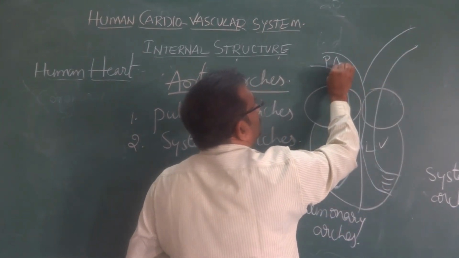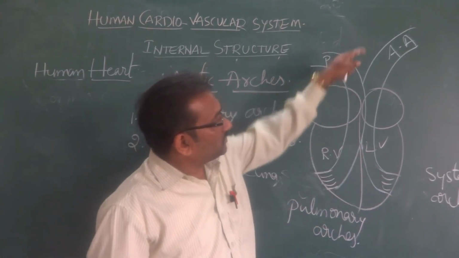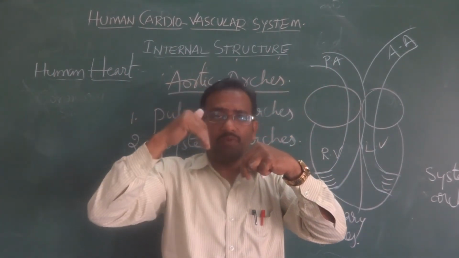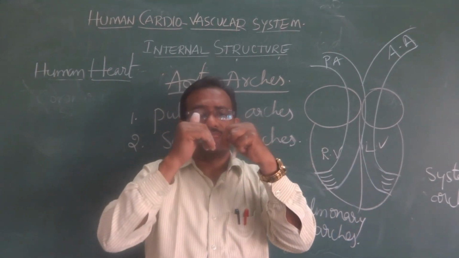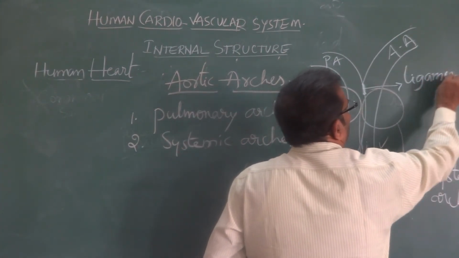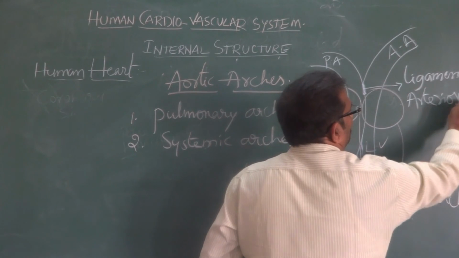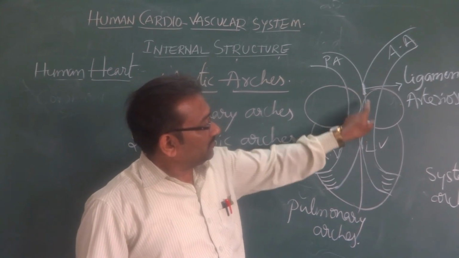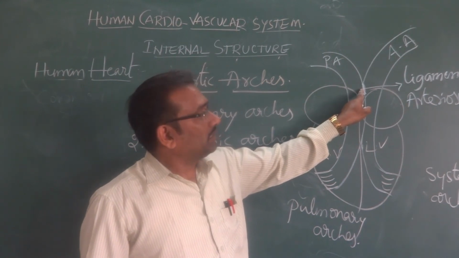So this is the pulmonary arch, this is the aortic arch. When they are leaving the heart, there is an attachment between the pulmonary artery and the aortic or systemic artery. That link is called ligamentum arteriosum.